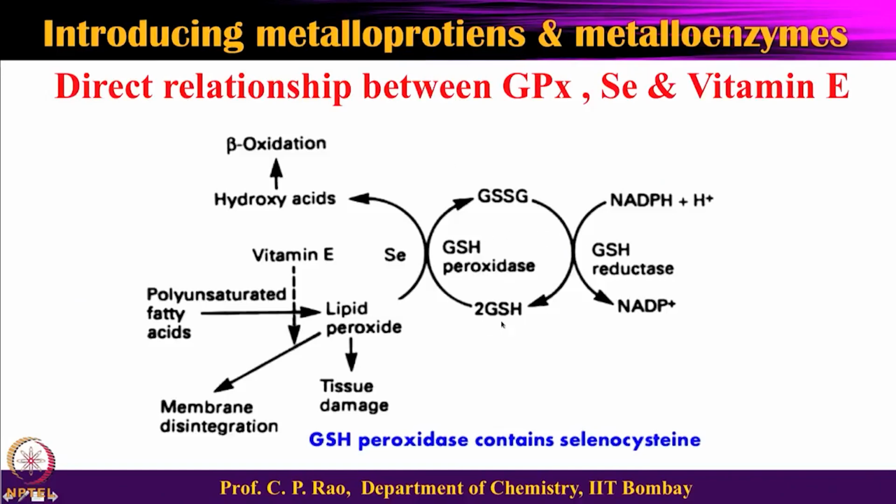Now, look at this particular cycle, which will tell you the connectivity between the GSH, the selenium, and the vitamin E. The lipid peroxides will always damage the selenium center, and this will convert selenium into hydroxy acids, through oxidation, etc. Here the membrane disintegration will happen because of the peroxidation of the lipid.